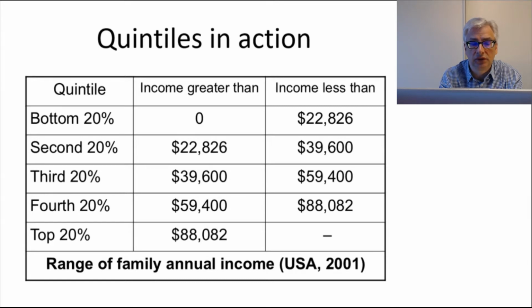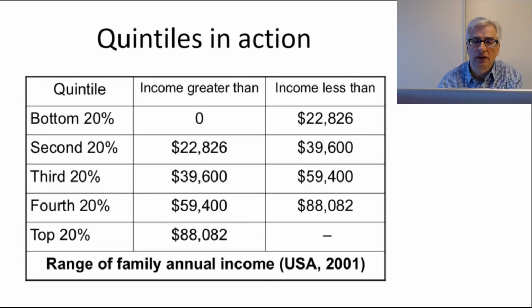Obviously, this is the part of the society that is the richest. So if you want to be there, you need to earn at least 88,000, but there is no limit to that. I mean, you will stay in the top 20% no matter how big your income is.